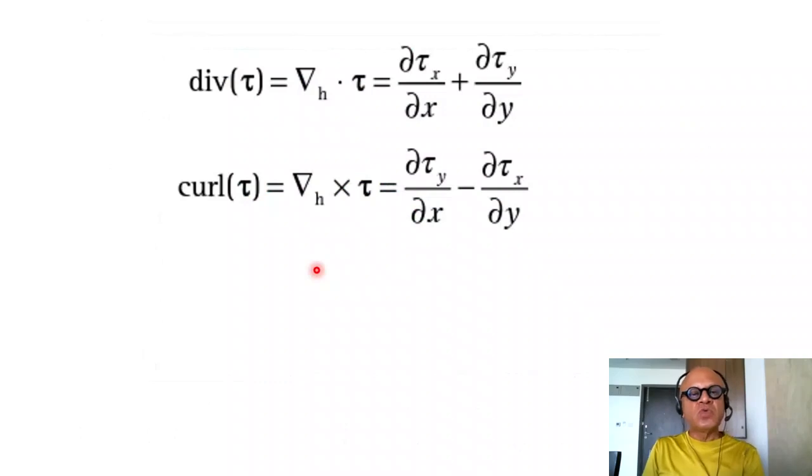Okay, so divergence of the wind stress is just gradient dot tau, which is del tau x del x plus del tau y del y, which looks like our del u del x plus del v del y. So divergence, but this is slightly different. And the curl, it's what I mentioned here, it is del tau y del x minus del tau x del y.